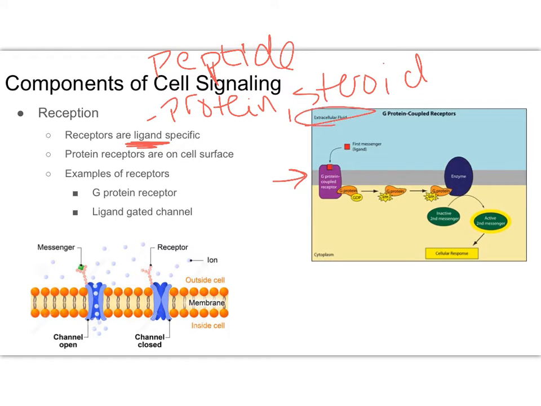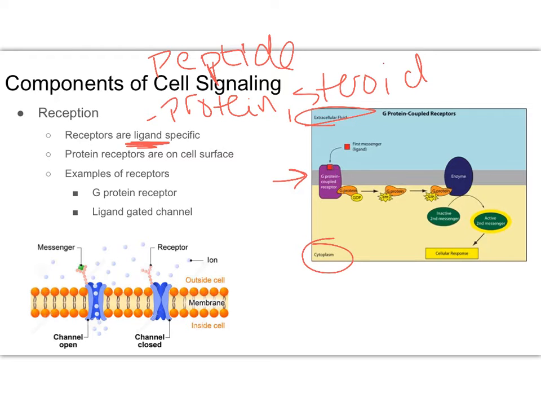We've got our extracellular fluid in blue, the cytoplasm in yellow, and this is my receptor, that big purple molecule there. That receptor for a peptide or a protein-based molecule is on the cell surface, because the protein-based ligand cannot cross that phospholipid bilayer.